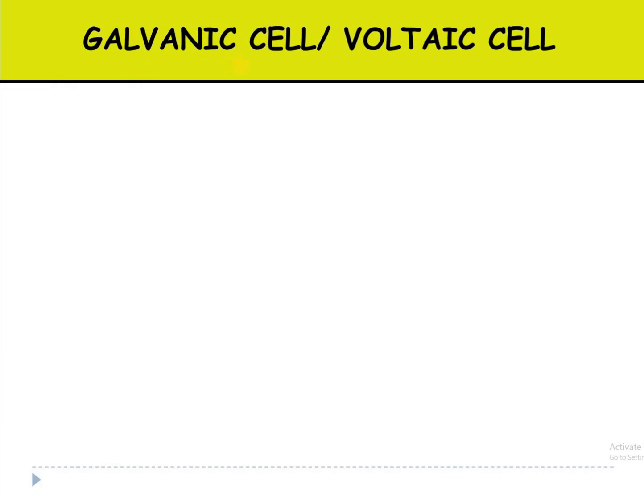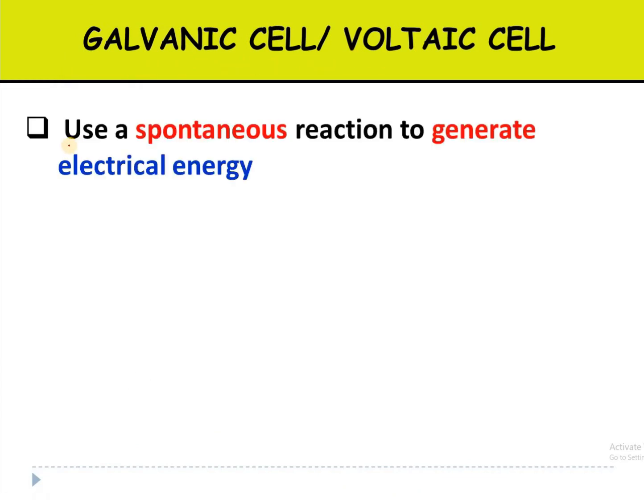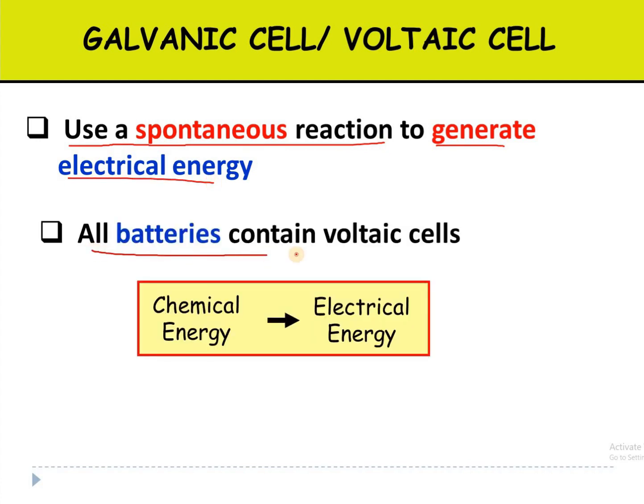What is the change of energy that occurs in galvanic cell or voltaic cell? In galvanic cell, a spontaneous reaction is used to generate electrical energy. All batteries contain voltaic cells. So in voltaic cell or galvanic cell, chemical energy changes to electrical energy.